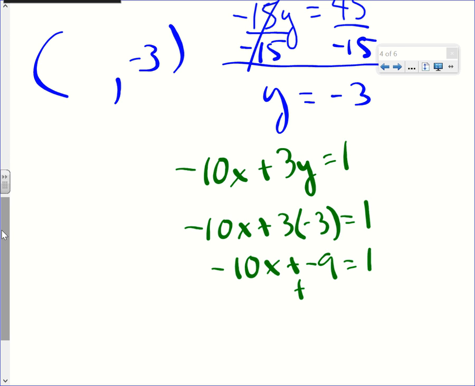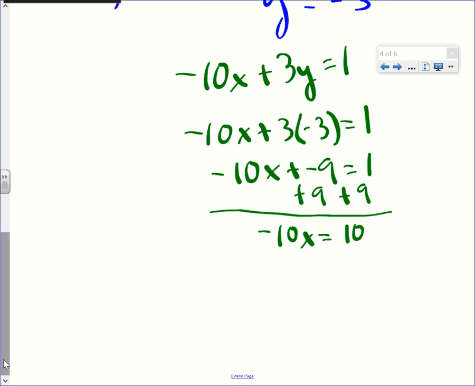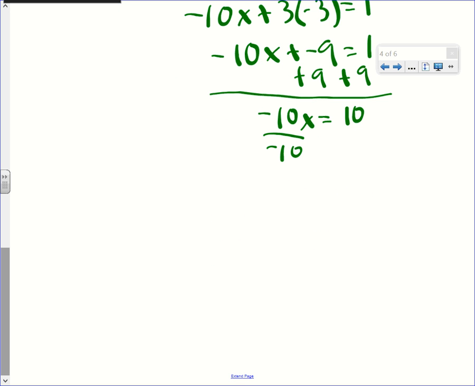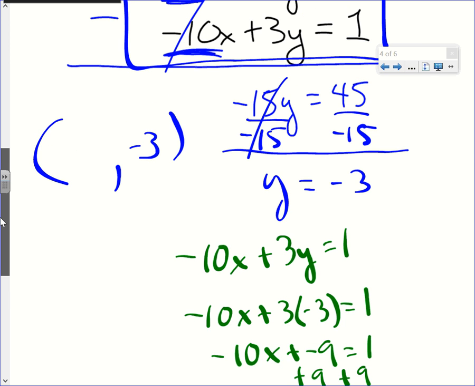Add 9. Negative 10x is 10. Divide by -10. x is -1. Our solution to the system, ladies and gentlemen, is -1, -3. Beautiful. I did all 4 steps right in front of your face.